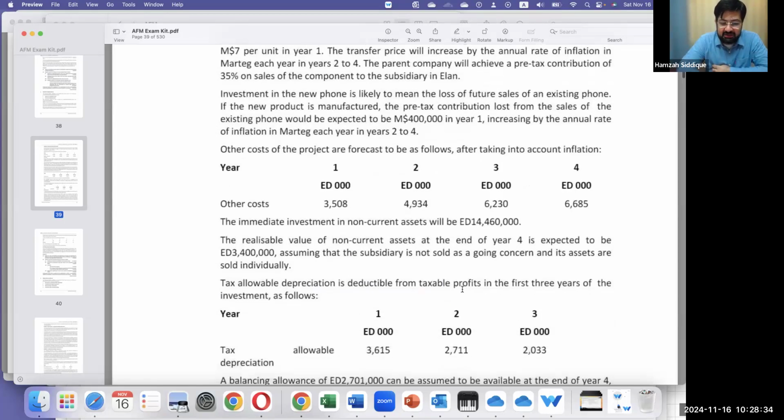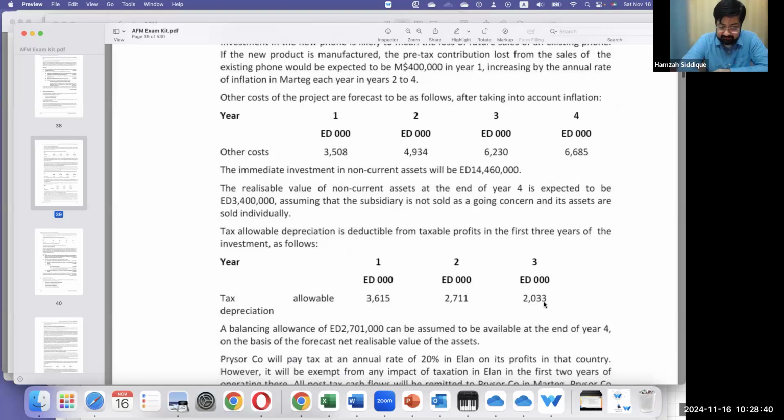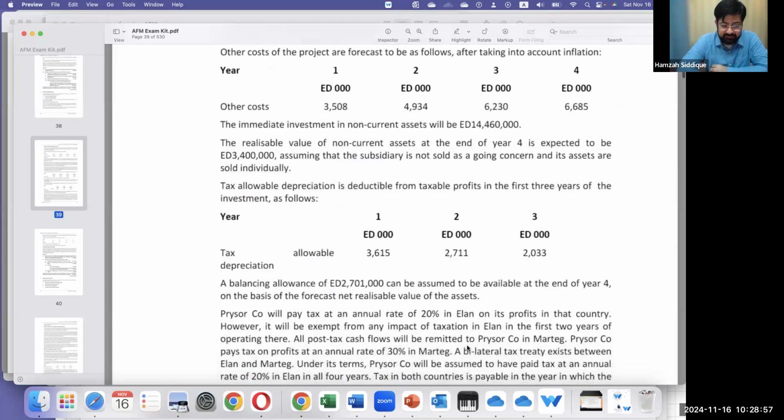Tax allowable depreciation is deducted from the tax profit in the first 3 years of the investment as follows. Tax allowable depreciation. Okay. ED. The next is the balancing allowance, which can be assumed to be available at the end of year 4 on the basis of forecast net realizable value of the asset. That's good. Next.